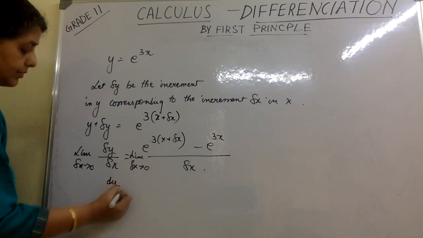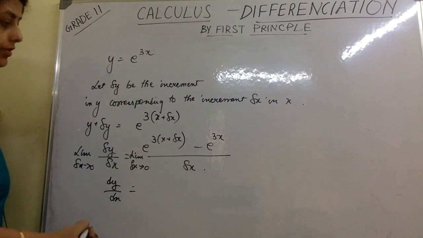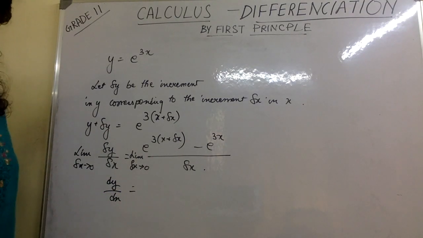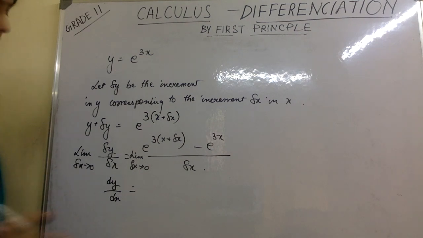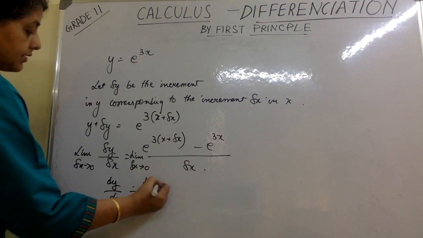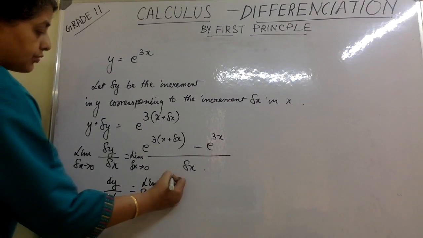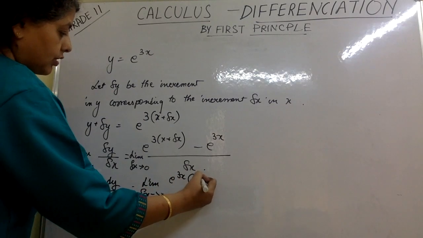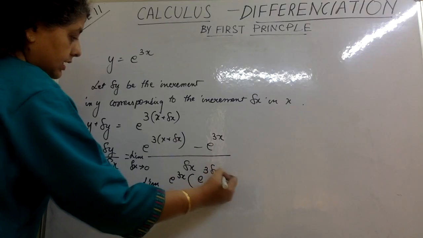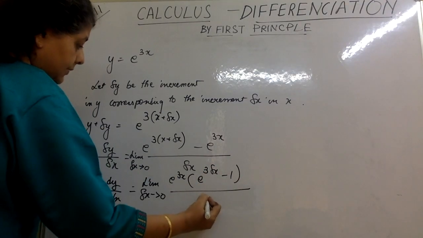So dy by dx is equal to limit del x tends to 0, with e to the power 3x taken common, e to the power 3 del x minus 1 by del x.